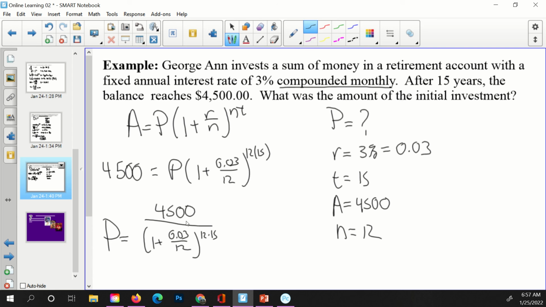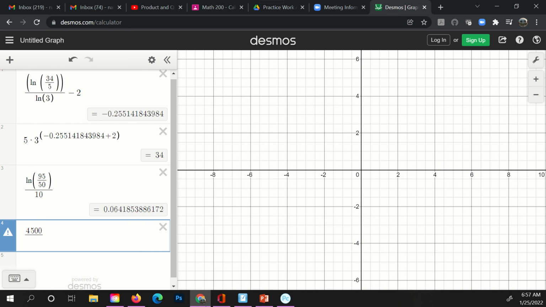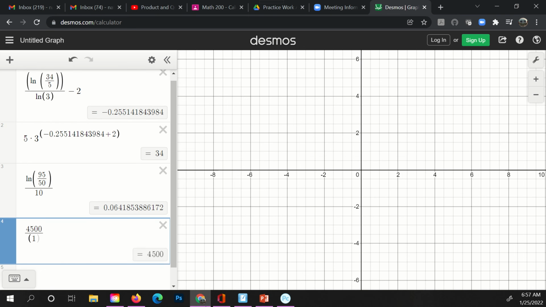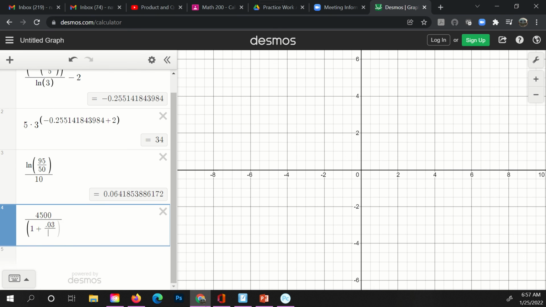Now you can calculate this if you want, just go 45 divided by whatever that is. But I'm going to plug it into my calculator as is. So we're going to type in 4,500 divided by parenthesis 1 plus 0.03 divided by 12.